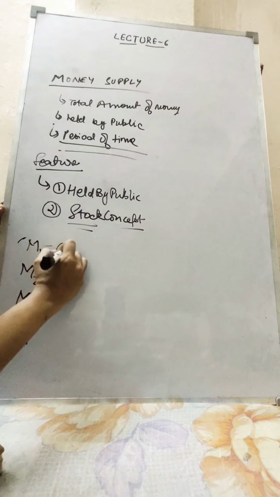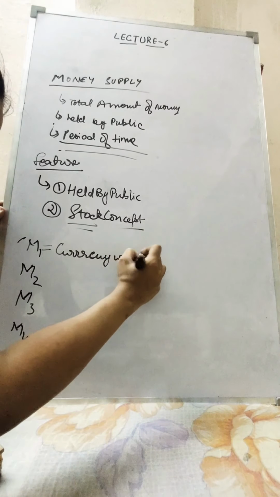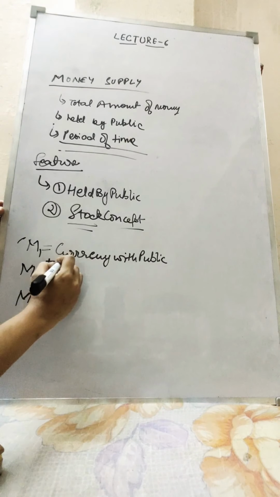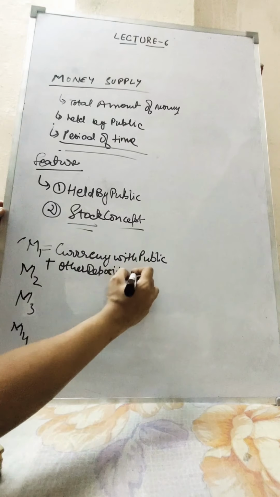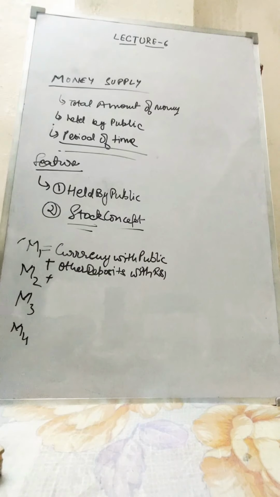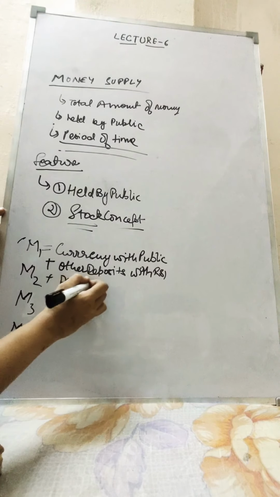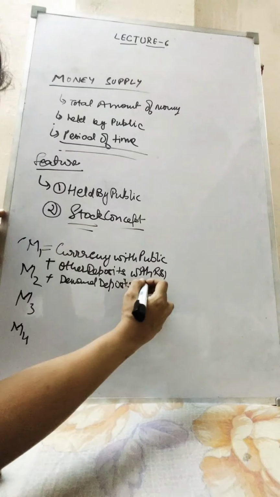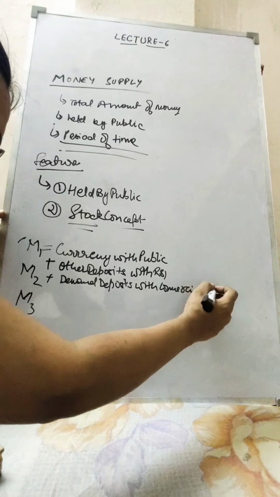So we can say that M1 is currency with public plus demand deposits with commercial banks.